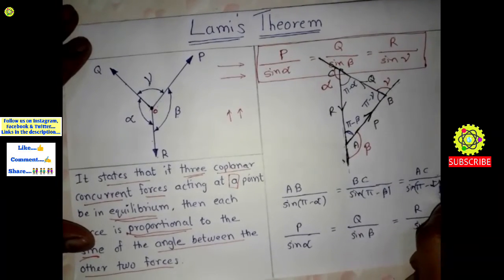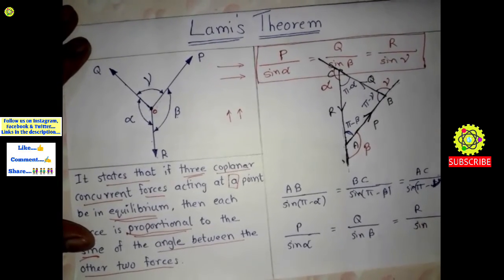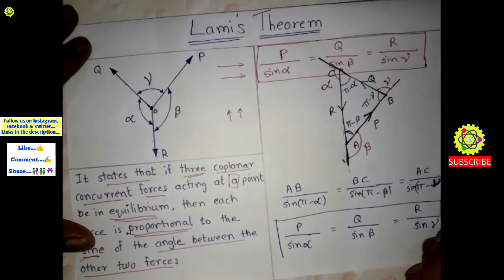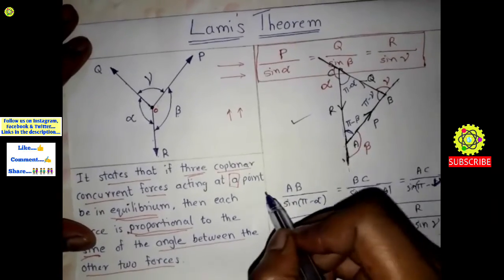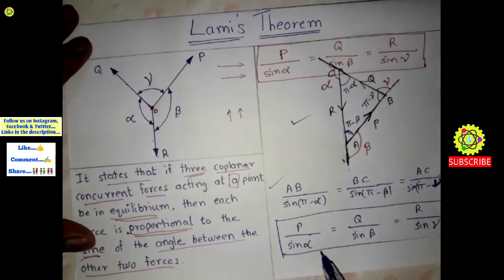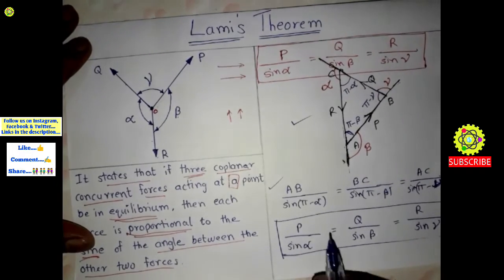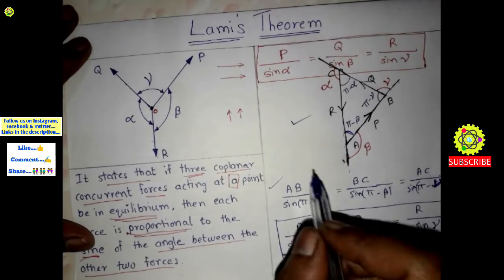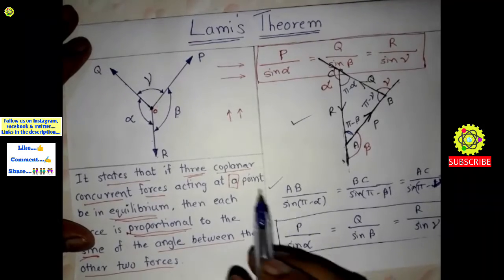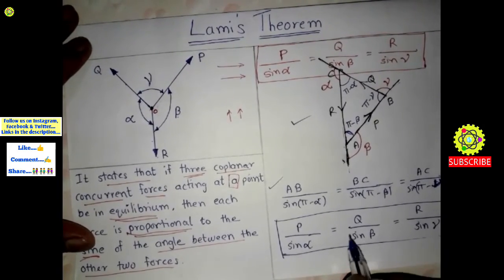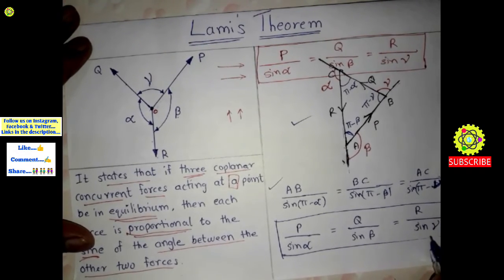This is our Lami's theorem, and this whole is our proof for Lami's theorem. Mathematically, Lami's theorem states that P upon sine alpha is equal to Q upon sine beta is equal to R upon sine gamma.